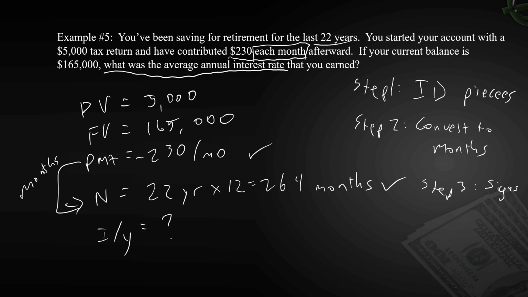Similarly, your present value, you took that tax return, you could have put it in your wallet and gone out and spent it, but you didn't. You pulled it out of your wallet and put it in the 401k. That makes it a negative sign. And then your future value, that's going to be positive because now you could pull it out and put it into your wallet and use it to go and spend on your retirement, right?